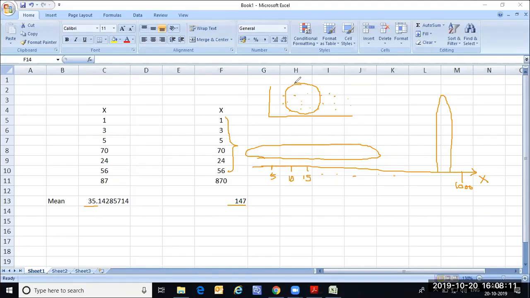And that's what the measures of central tendency tell us. But because of one single outlier, your central tendency measure, which is the mean, tends to shift from one place to the other, towards the extreme value.